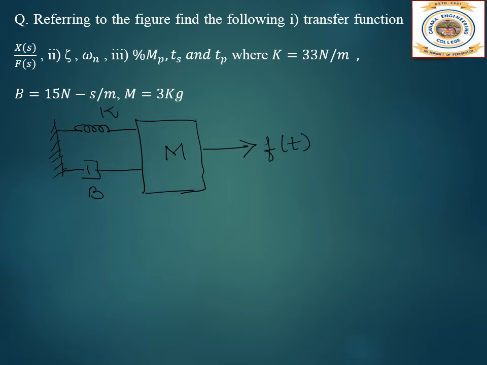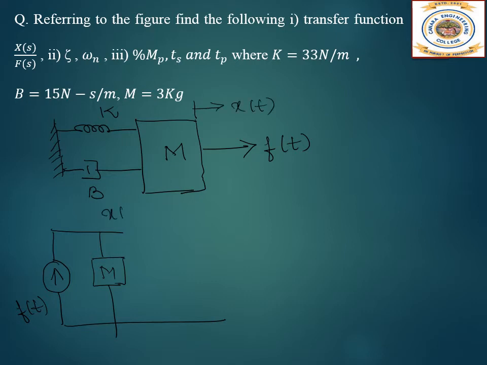Let us write the equivalent diagram for this. We know how to draw the equivalent diagram, right? We have already done this in module 1. So here this is f of t, and here we have the mass connected to the node. Here we can consider the displacement as x of t. So this is the x of t node here.